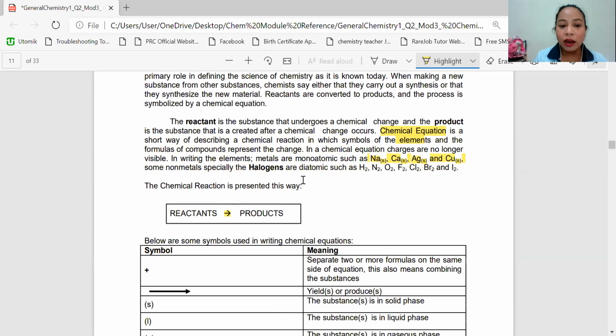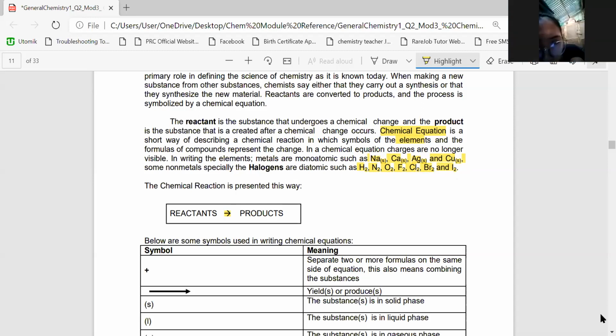Or if it is a halogen or some special nonmetals, they are diatomic. So you have to memorize that if ever you write them in a chemical reaction, they are always diatomic. Hydrogen must have 2, nitrogen, oxygen, fluorine, chlorine, bromine, and iodine.